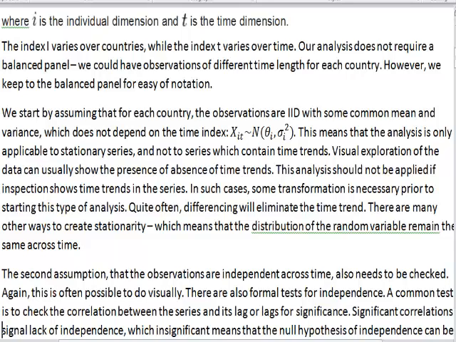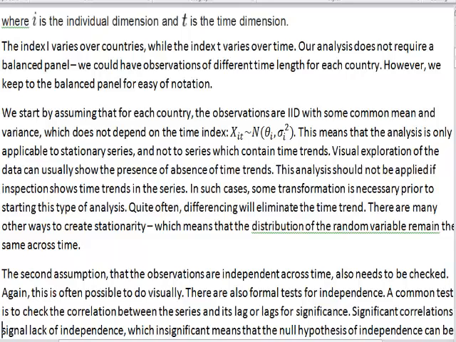Actually, how you eliminate the trend depends on the underlying real world structure of the data. You should have some interpretation for what you get after you eliminate the trend. It should be something meaningful.